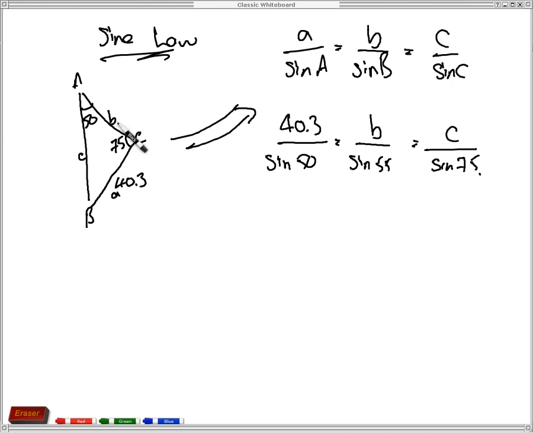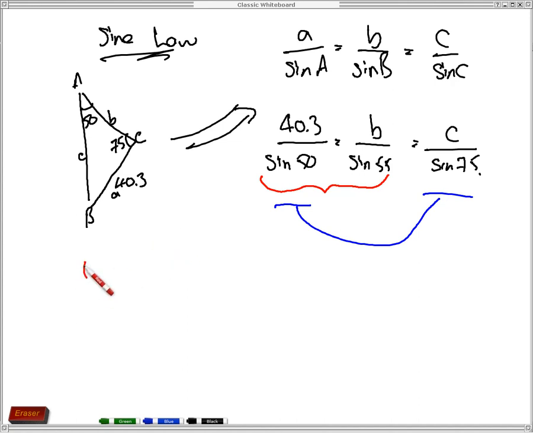Right, for this I'm going to find both side B and side C. So for now, let's say I'm just going to find side B, then I will just use this part of the equation. When it comes time to finding side C, I will use this, and I'll use this, and I'll skip out this middle bit. So let's just use the bit to find side B to start with.